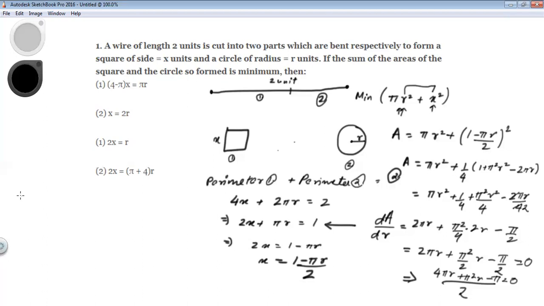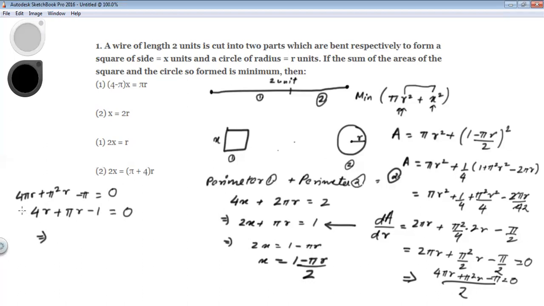Taking 2 to the other side, we can also take pi common. So from that, we can say pi times (4r plus pi r minus 1) equals 0.